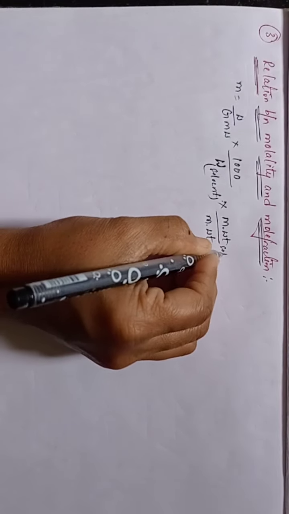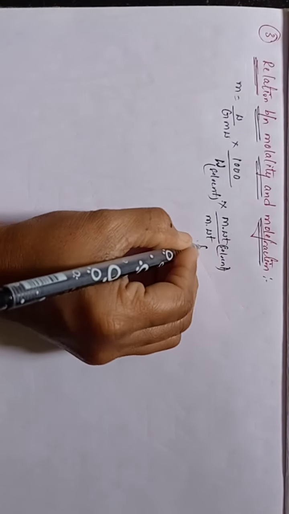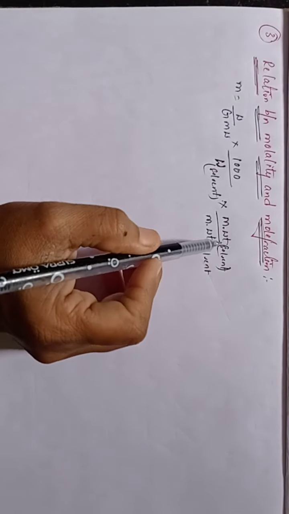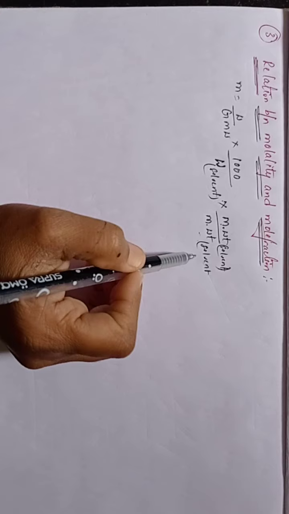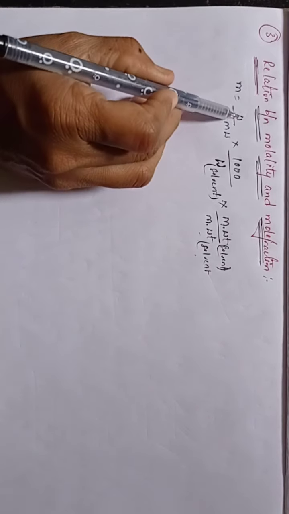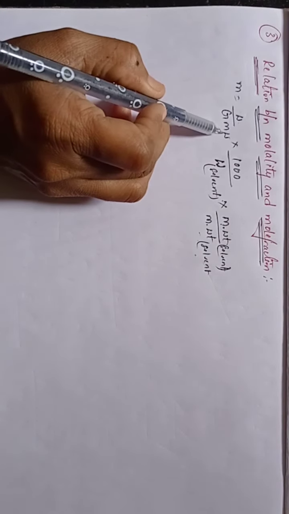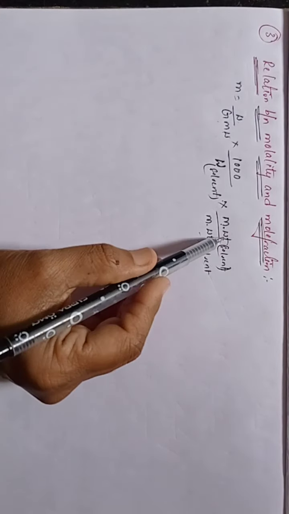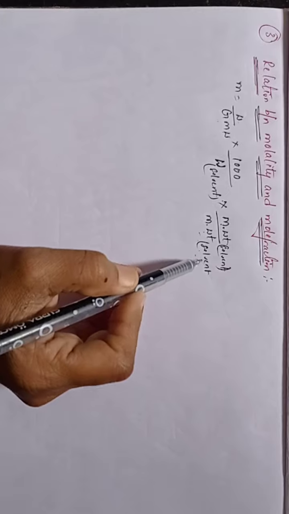Both are which one, students? Solvent. Clear this one. So when we multiply this, the value will not change, na? So this is the weight of the solvent by gram molecular weight of the solvent, and the weight of the solute by gram molecular weight of the solute.